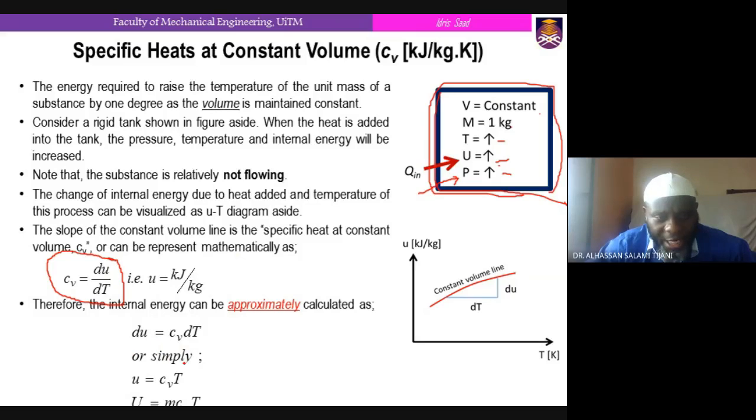We can rearrange this equation and say that delta U equals CV times delta T. So again, we can mention that U equals CV times T.